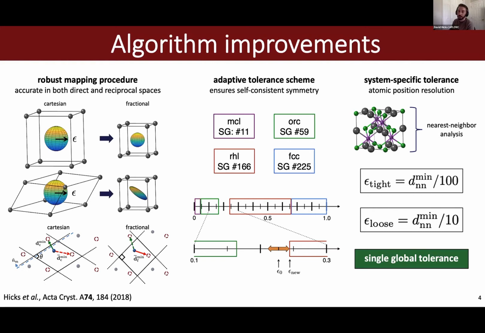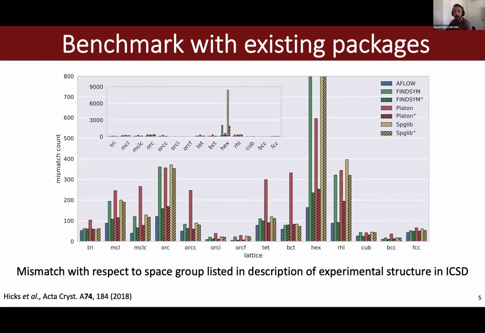So then your next question might be, well, how do you compare to some of the competitor or the other packages in the field? And so we've done this benchmark. So we took a set of experimentally determined structures from the inorganic crystal structure database, and we compared the experimentally reported space group to the space group calculated by one of these packages.